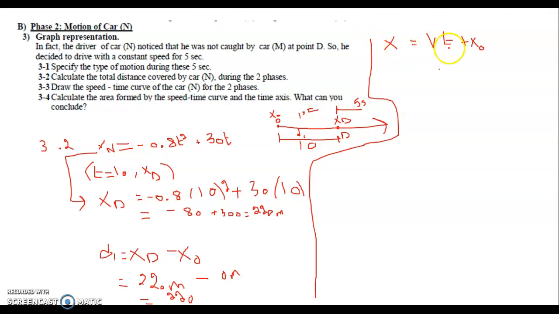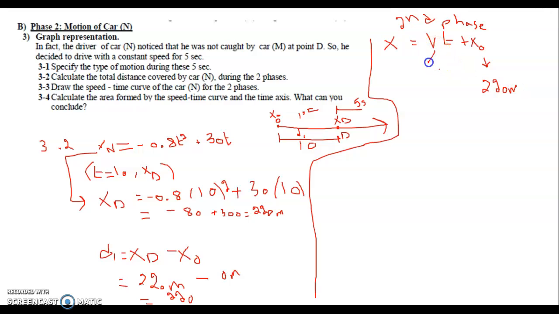In order to find the expression for this case, we need the initial position and the speed during this phase. For the second phase, the initial position is xd, because it started moving from D, 220 meters.